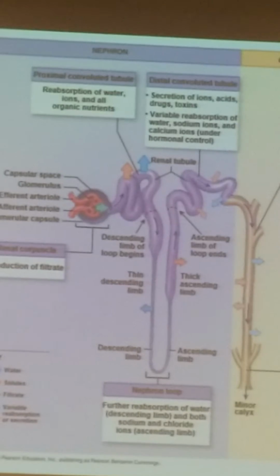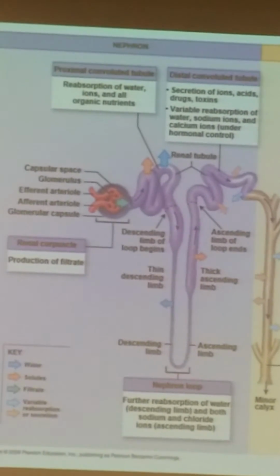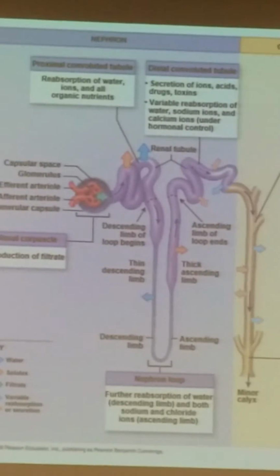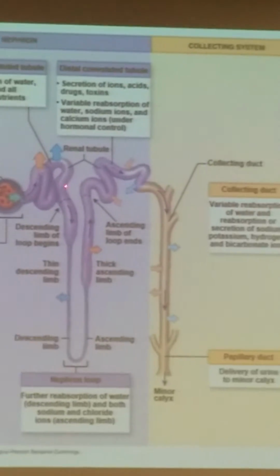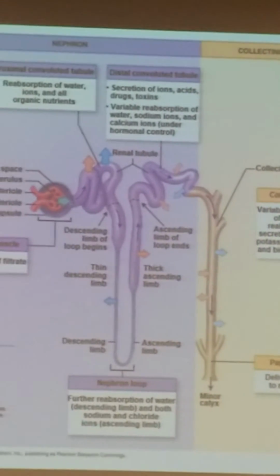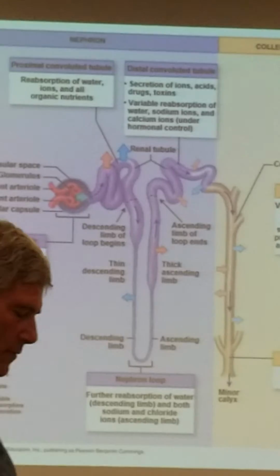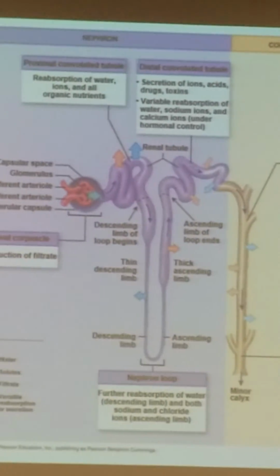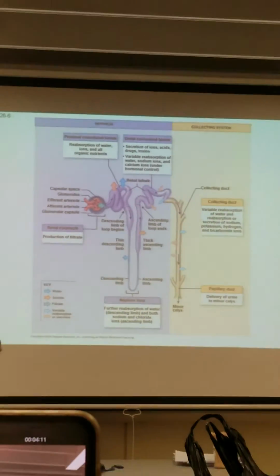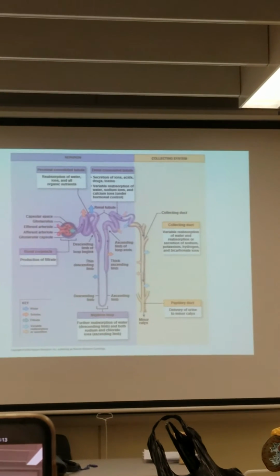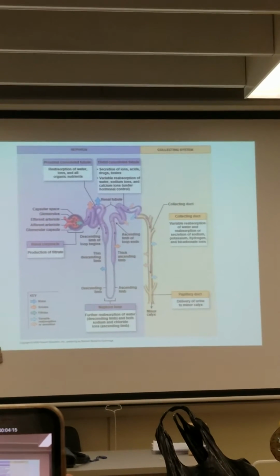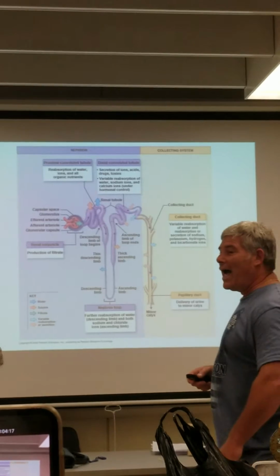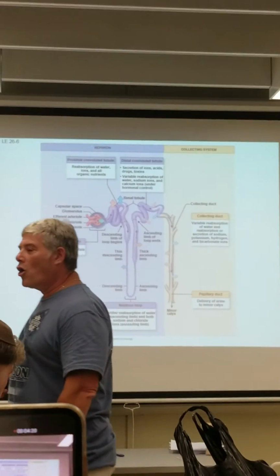Okay, now, a couple of parts on the nephron. The first thing that you're going to see, guys, is a grape-like structure. That grape-like structure, guys, has a few names, as usual. Okay? It is known as the renal corpuscle.